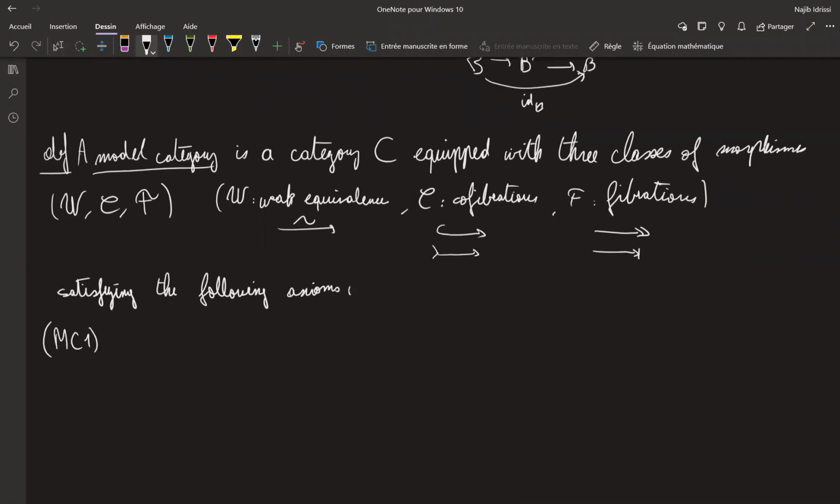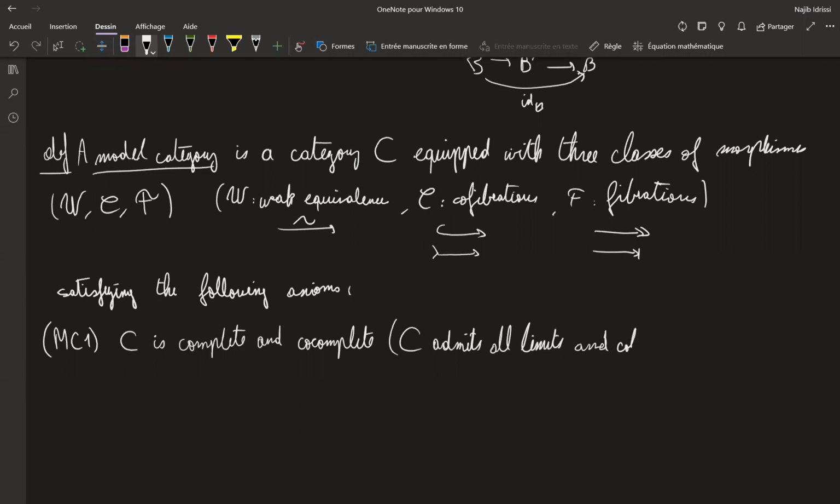So MC1, the property that C is complete and co-complete, which means that C admits all limits and co-limits indexed by small categories.